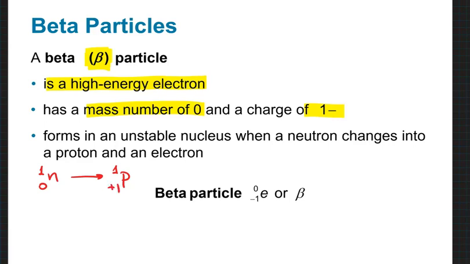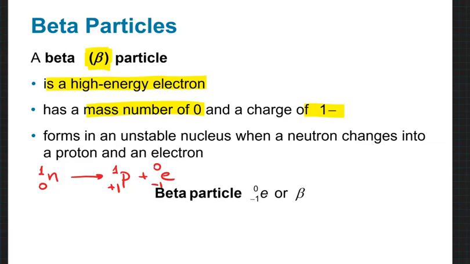We need to compensate that positive charge so that the balance of charges on both sides would be 0, right? So this is why an electron with the mass of 0 and the charge of -1 is produced.